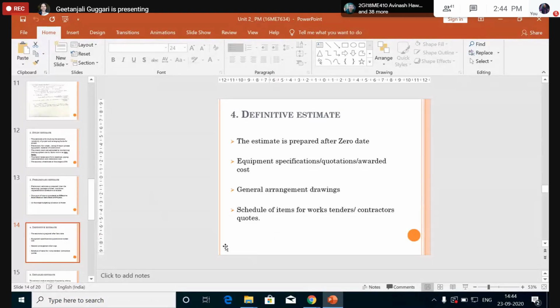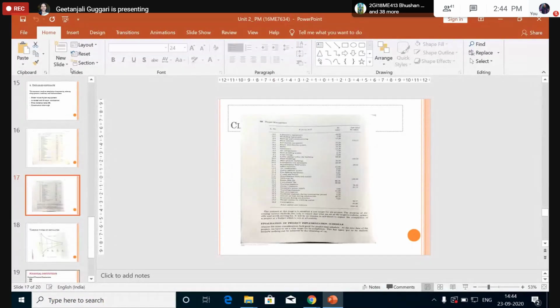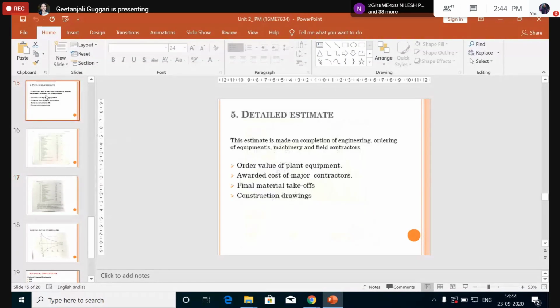So the next estimation is the detailed estimation. This estimate is made on completion of engineering, ordering of equipment and machinery, and the field contractors.